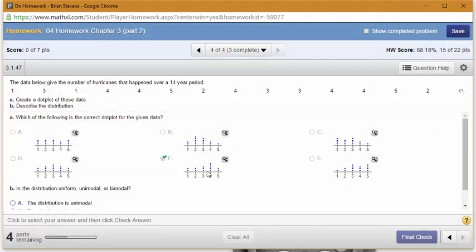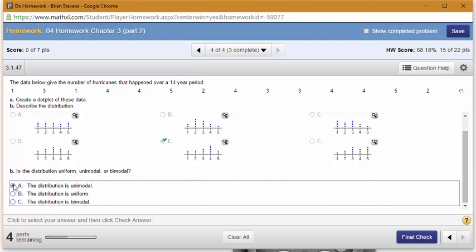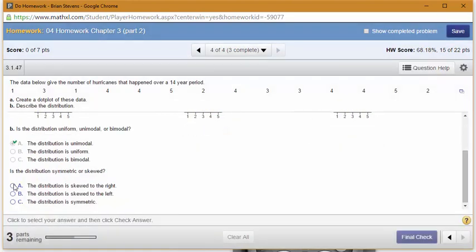Nothing too crazy here. What is the shape? This one is uniform. That's a uniform. This is unimodal skewed right. This is bimodal skewed right. Uniform symmetric. This is unimodal skewed left. Bimodal skew left. So ours is unimodal, and it might ask me about skew next.